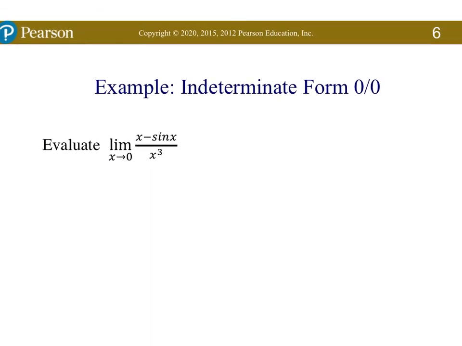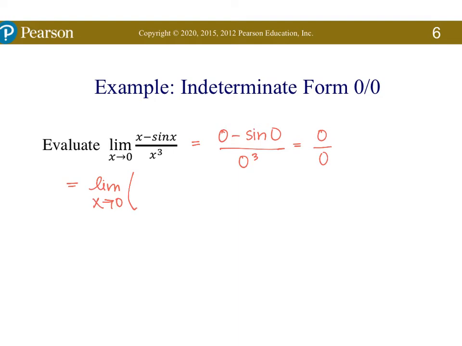Here's another example where we'll end up with an indeterminate form. When we substitute 0 in, we're going to get 0 minus the sine of 0 over 0 cubed. So again, 0 over 0, which means we're justified in using L'Hopital for the indeterminate form.